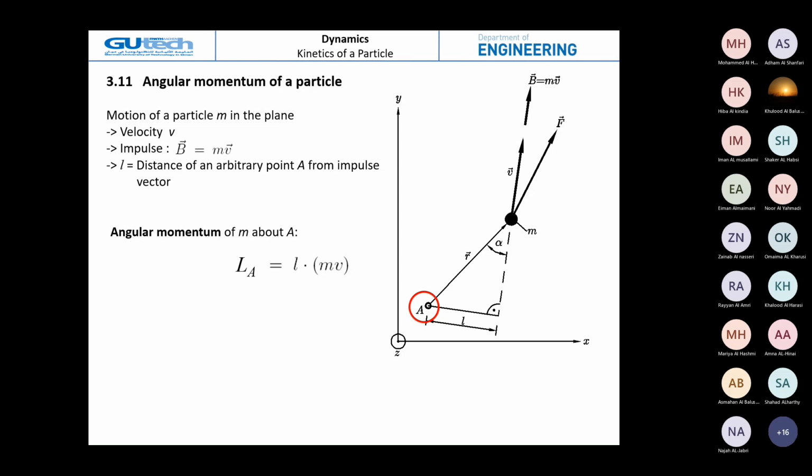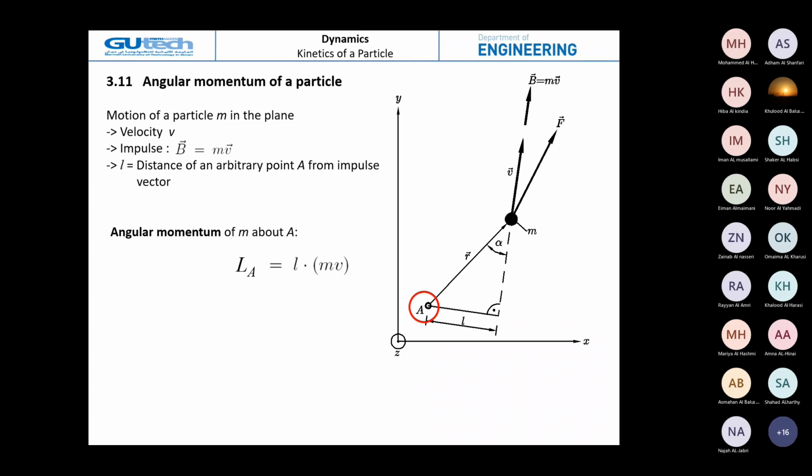You have seen, when we described the moment, it is only the force multiplied by the arm, and the arm is perpendicular to this force, and we can take the moment about any point.